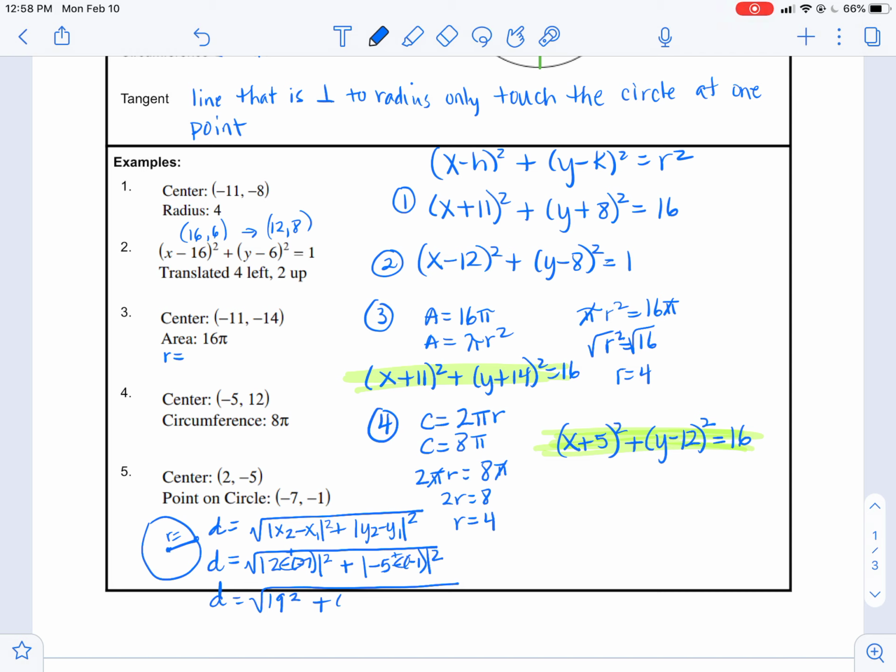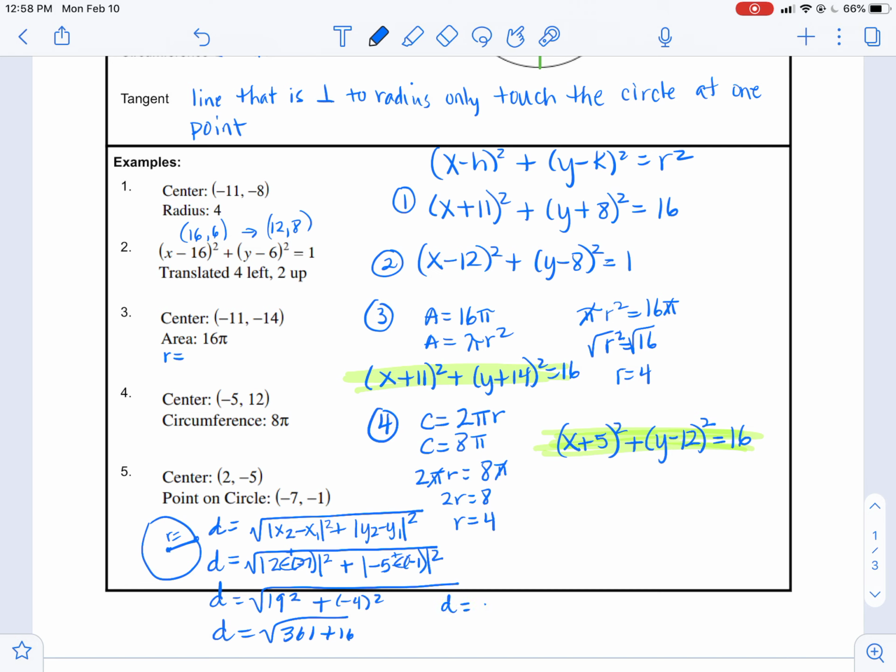Okay, and so let me get my calculator here. So we've got 19 squared, which is 361, and 16.